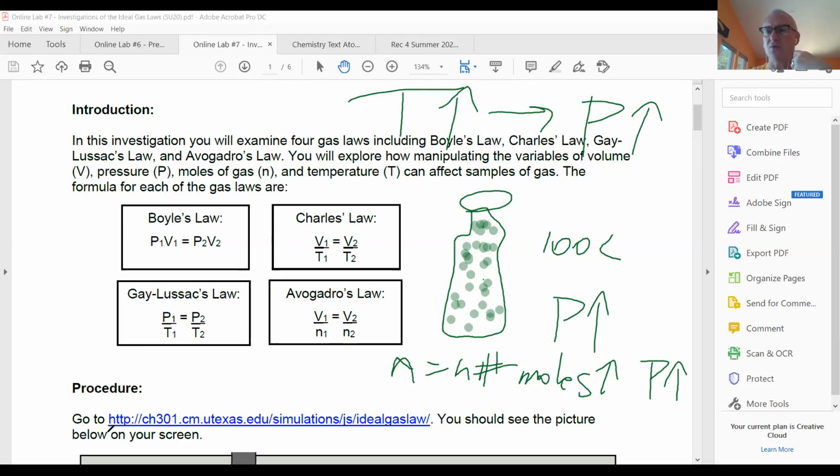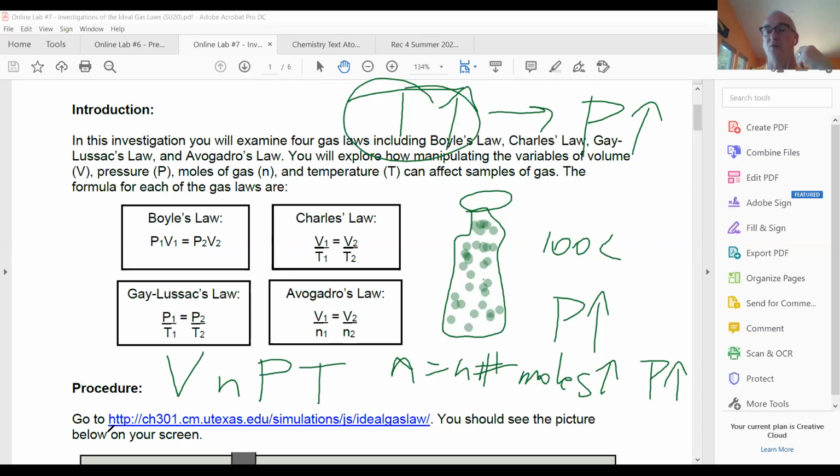So there's only three things we can measure when it comes to gases. We can measure the volume. The volume is just the container that they're in. So we can measure V. That's fairly straightforward. What size container did you put them in? We can measure the number of moles. That's N. We can work out the number of moles. And we can measure the pressure. We can also determine what the temperature is.